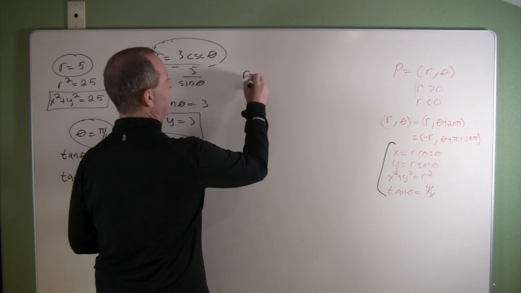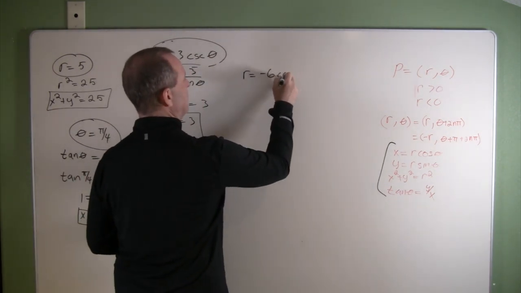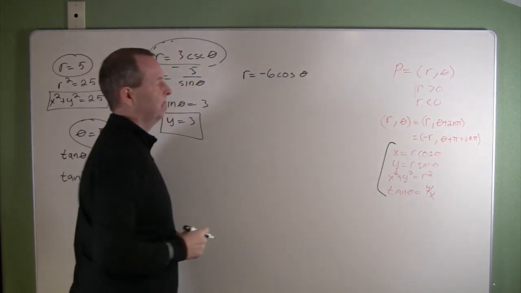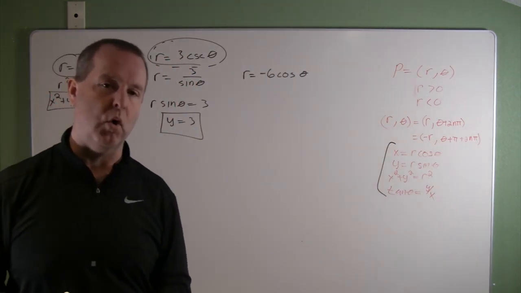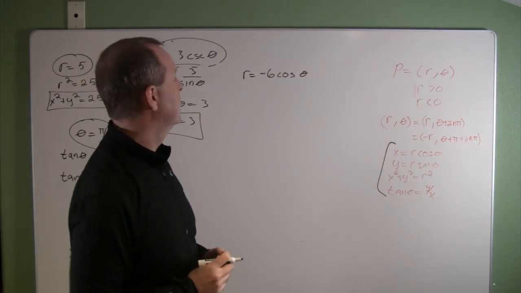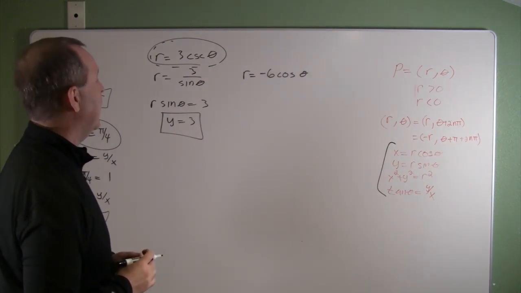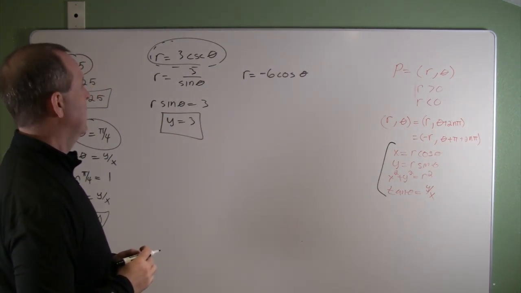So I have r equals -6 cosine theta. Again, it's in polar world. We want to transition it to XY world. And let's start doing some things that we feel like we can do here.